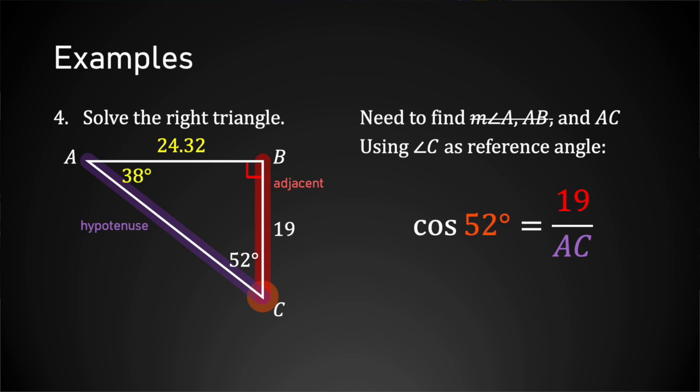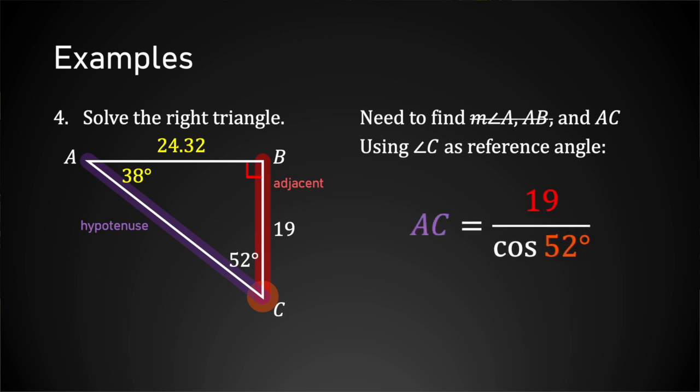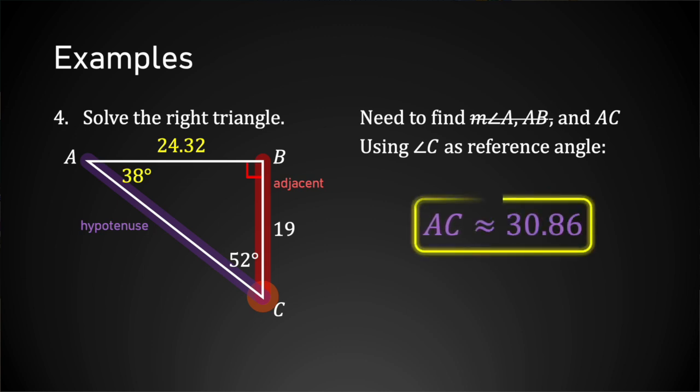This time I have to multiply both sides by AC to get it out of the denominator, then divide both sides by the cosine of 52 degrees to get AC by itself. So AC equals 19 over the cosine of 52 degrees, which solves to 30.86 after rounding.